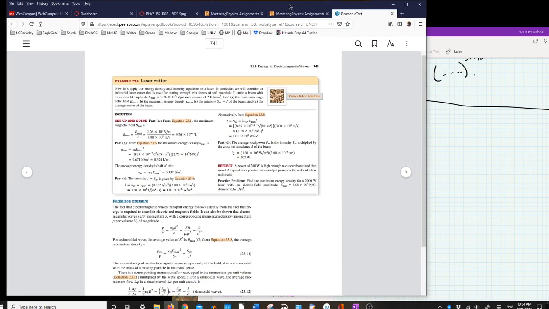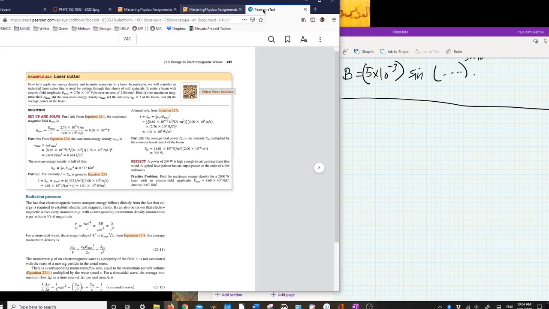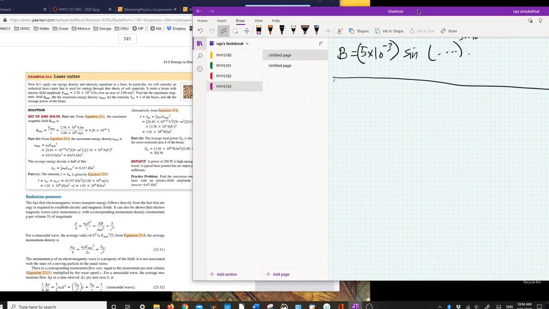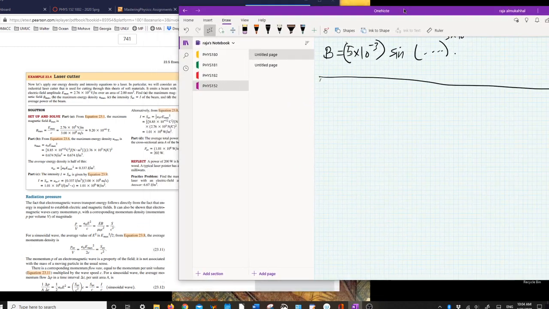Maybe I can put this on the side like that, if possible. Okay, so what's given to us. This is example 23.4. It's so hard to draw.